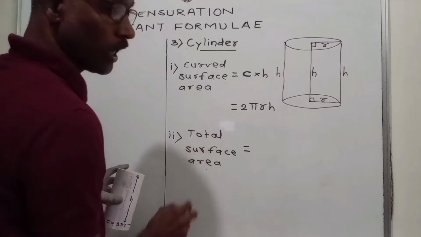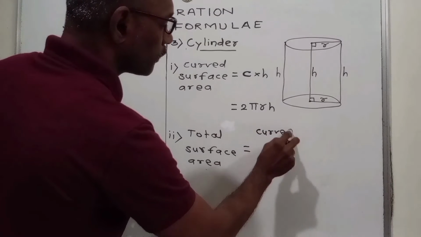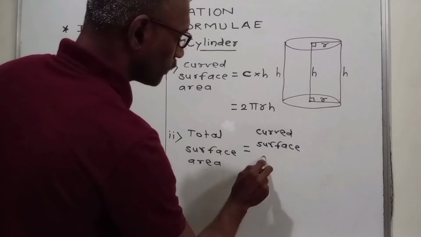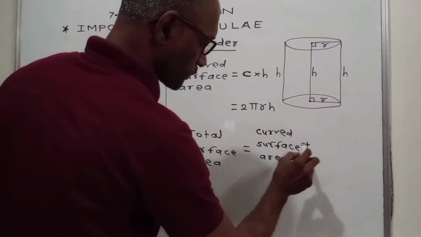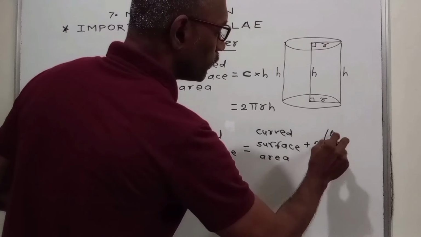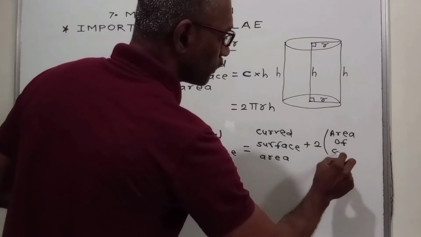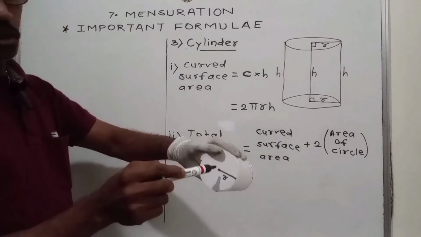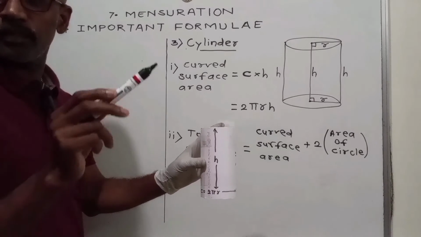Total surface area means curved surface area of cylinder plus 2 into area of circle, means top and bottom both are congruent circles.